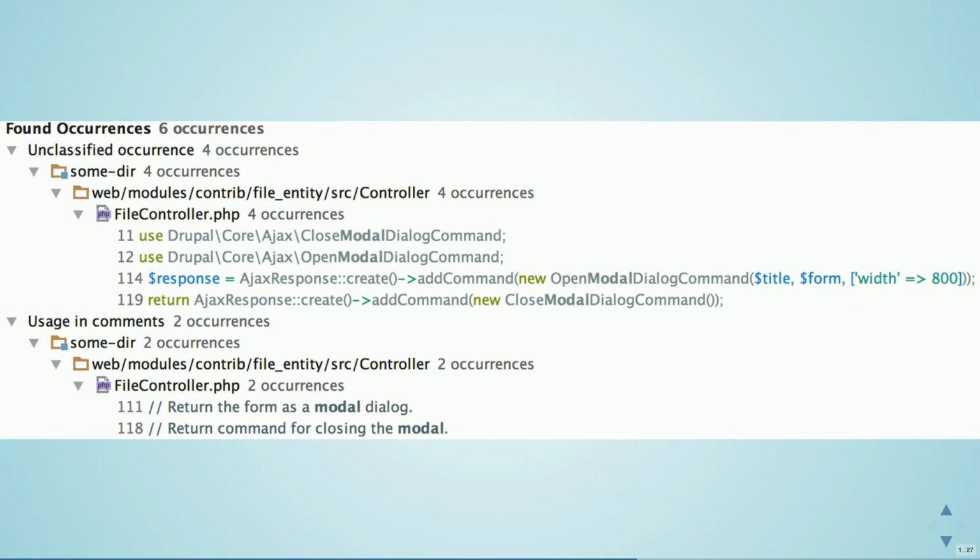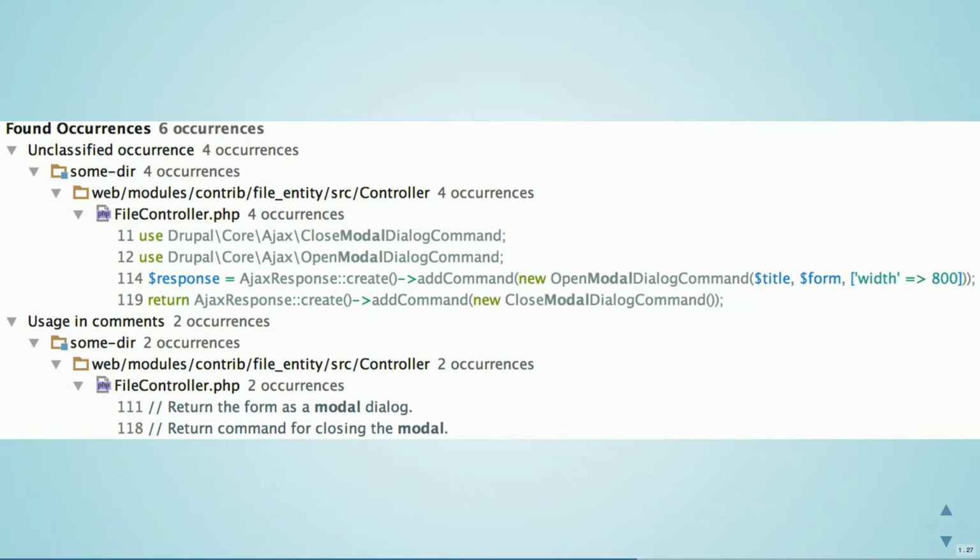So we have a theory that things are using modal dialogues, and there can't be more than one modal dialog open. Well, can we confirm that the file entity module is using modal dialogues? So we're going to do another code search, but instead of searching all of Drupal, we're just going to search the file entity module, and we're going to search for anything with the word modal in it.